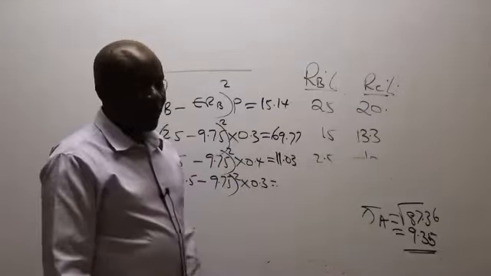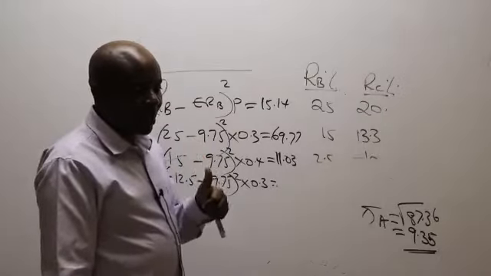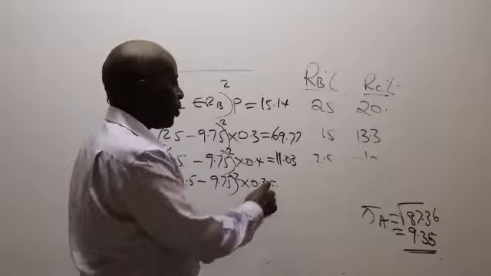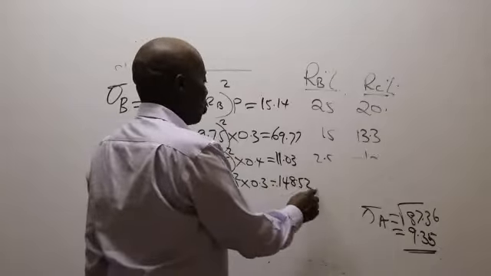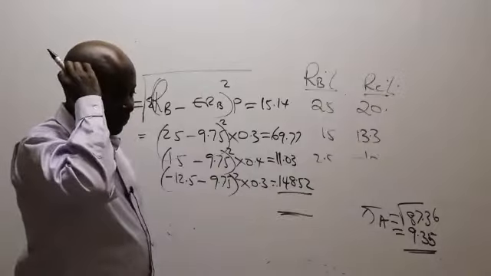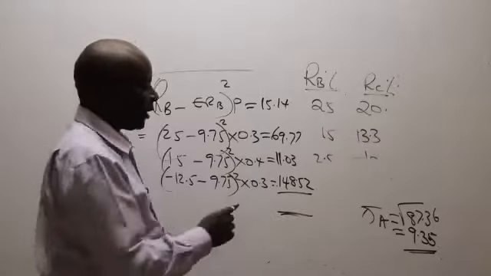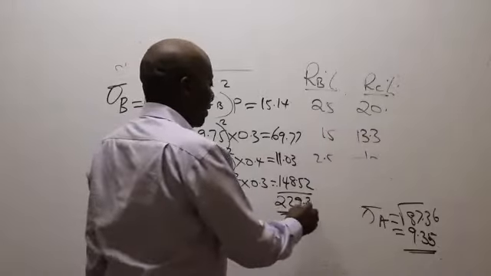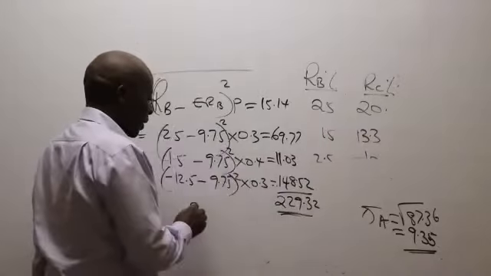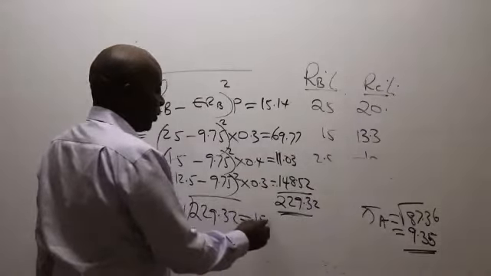The last one, 148.52. So total 229.32. It's upon taking the square root of this 229.32 that we were able to get that 15.14.